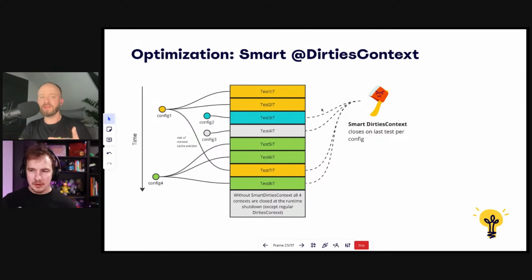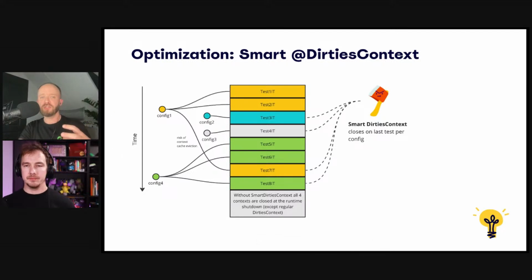We can create some simple logic that will be executed before the suite, with a list of tests that are last. Then we can use what we'll call a smart DirtiesContext listener that will check if this test is the last in its group, and if so, the context will be closed. So this is pretty simple.